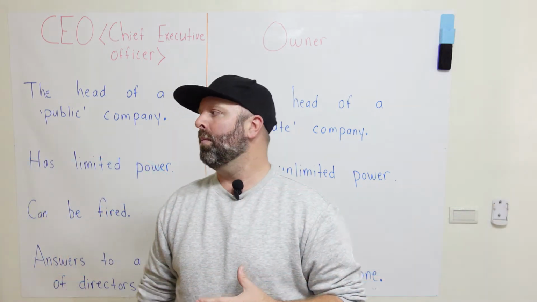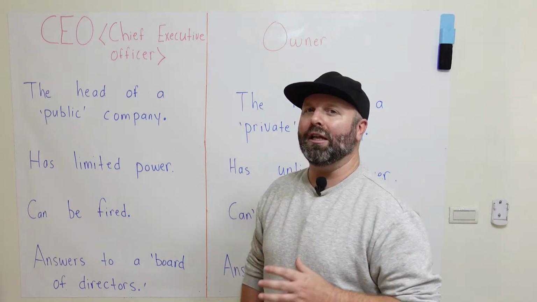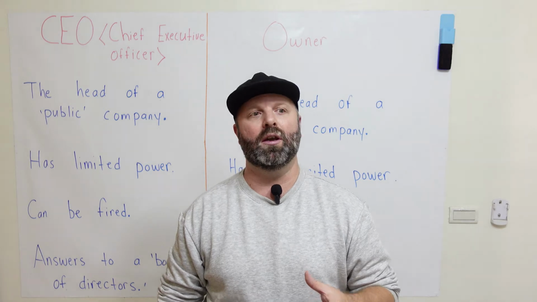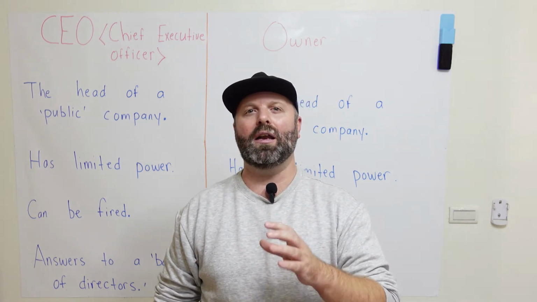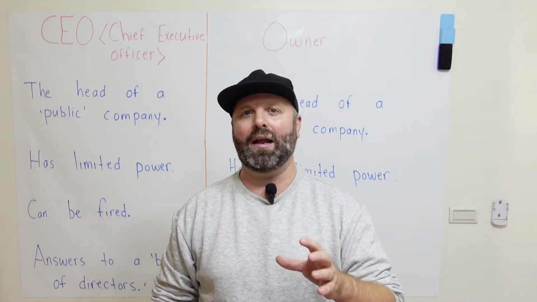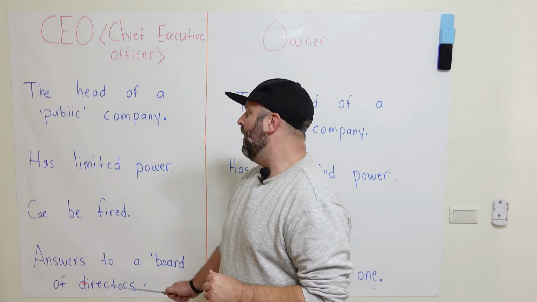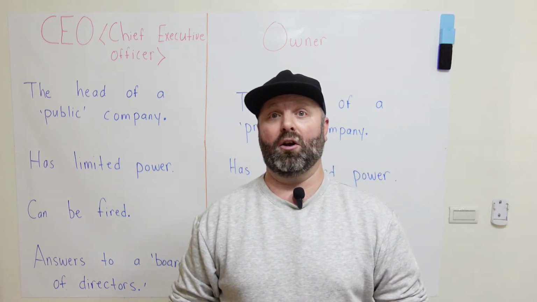Now, a CEO has limited power. A CEO is a very powerful person, but he or she has limited power. They cannot do everything that they want to, okay? And I'm going to explain why in just a minute. Now, a CEO can be fired.